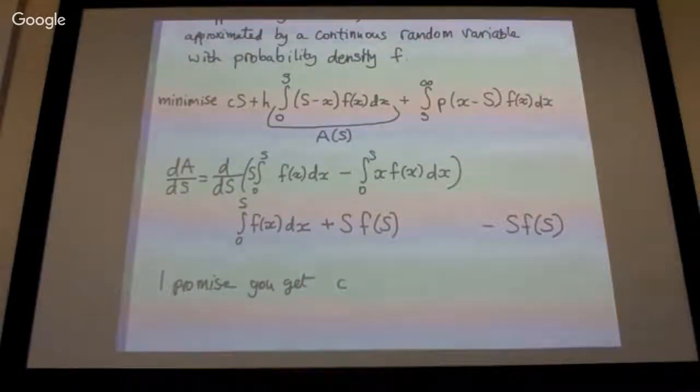The second, as we've just seen, is h times the integral from 0 to s of f(x) dx.